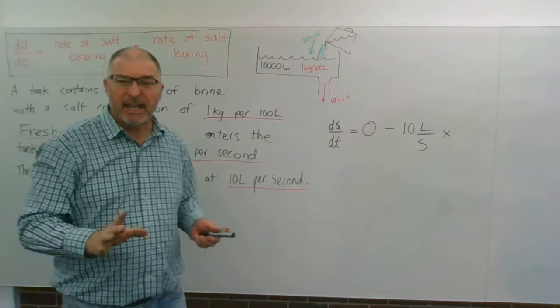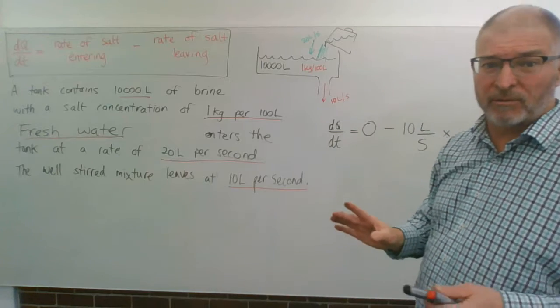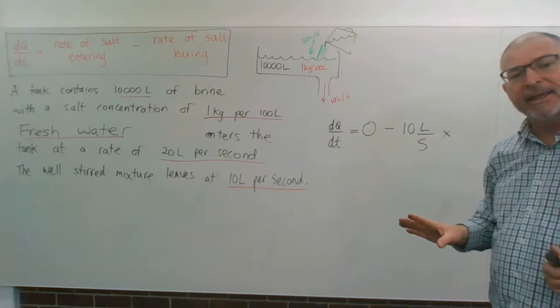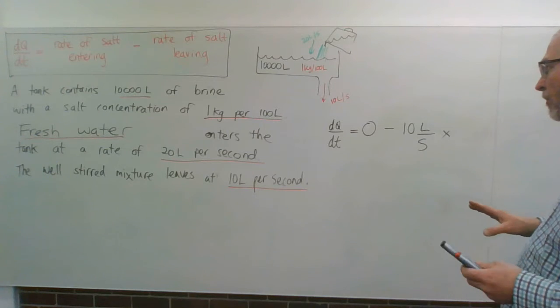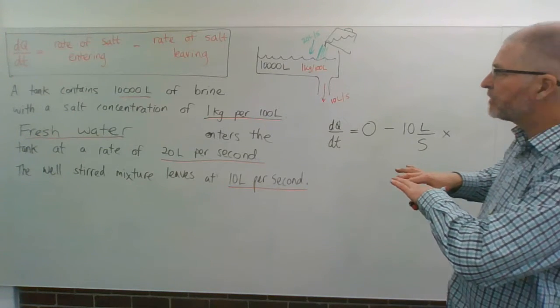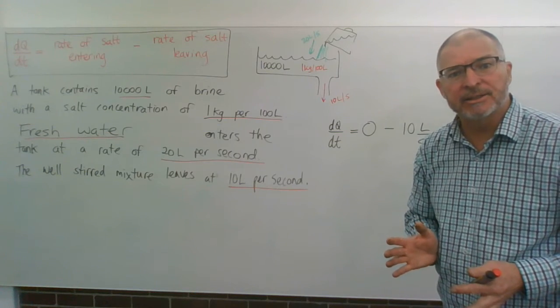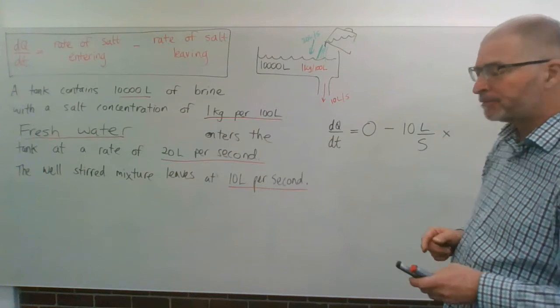So there was 100 kilograms, if you work that out, 100 kilograms of salt at the start in there. And there was 100 kilograms of salt in the 10,000 litres that was in there at the start.